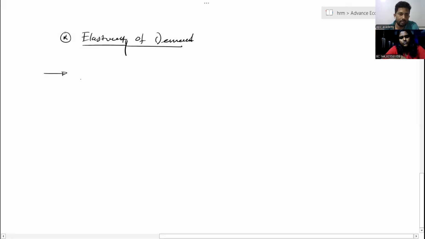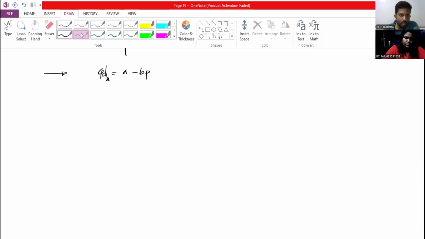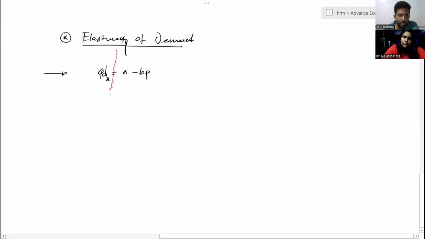First of all, you identify the equation related to demand. QD equals A minus BP. This is the equation. Here, you identify the difference between the independent variable and the dependent variable. On the left side, you always put the dependent variable.